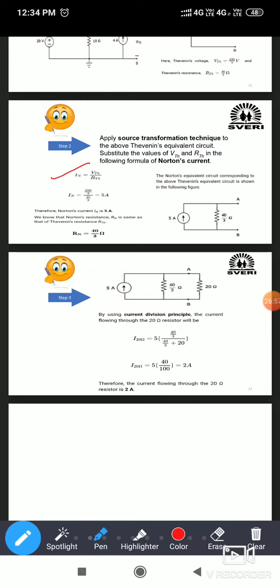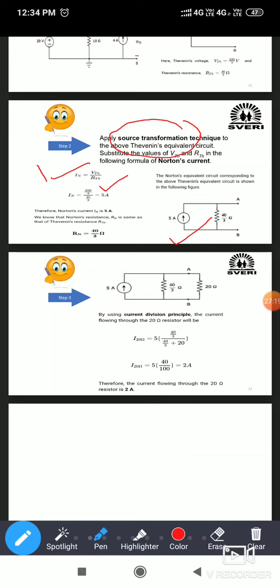This is by using source transformation. I already told source transformation means voltage source can be converted into current source and current source can be converted into voltage source. So once you know the Thevenin's equivalent circuit, you can find out Norton's equivalent circuit, which is shown here. So IN value you have to find out. IN is equal to VTH divided by RTH.